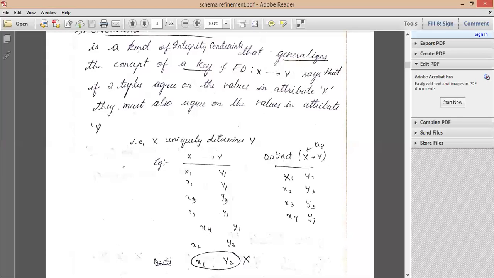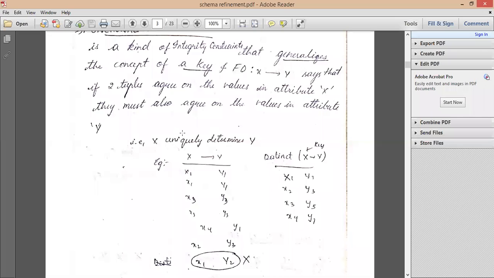Now X4 determines Y1, yes. X2 determines Y3, yes. But X1, since it has determined Y1, can it determine anything else?